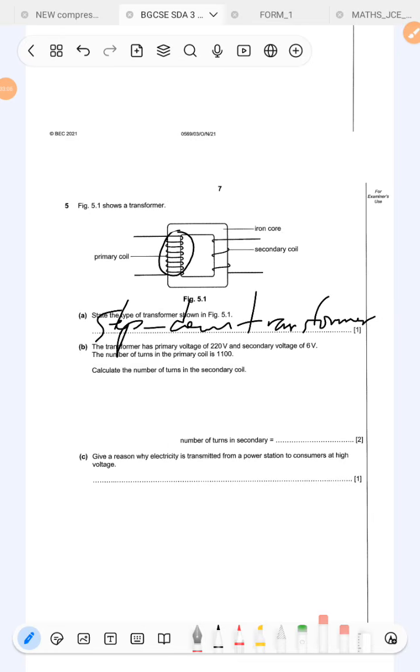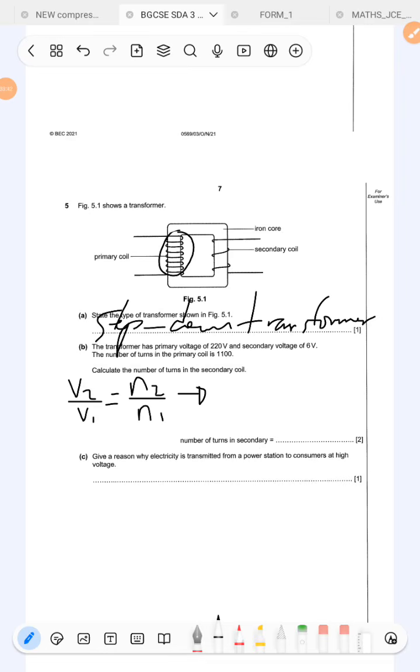B says the transformer has a primary voltage of 240 volts and secondary voltage of 6 volts. The number of turns in the primary coil is 1100. Calculate the number of turns in the secondary coil. So here you need to use your transformer equation. It says V2 over V1 is equal to N2 over N1.